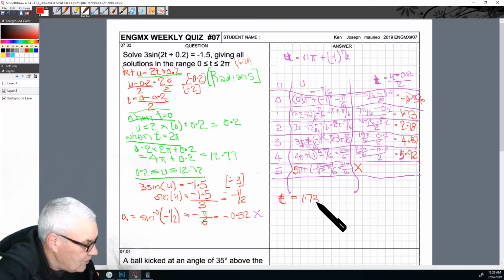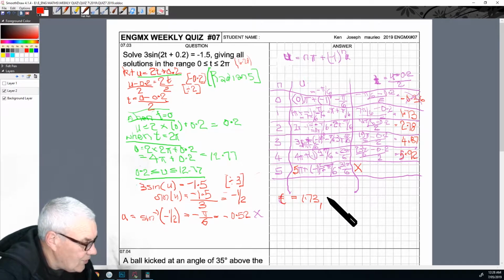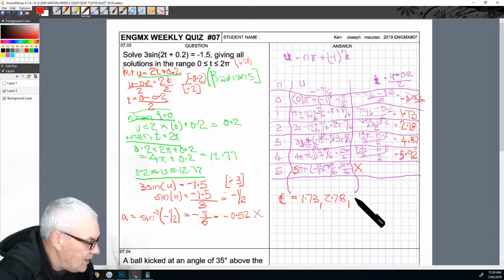Remember, these are radians. 2.78, 4.87, and 5.92.